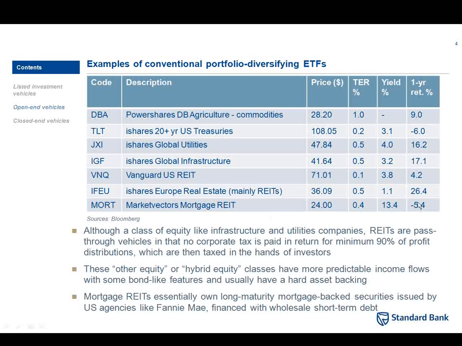You can see because it's so interest rate sensitive and linked to bonds, it's actually shown a -5% for the year to date, but you can see the yield, using that gearing and using the steep yield curve, giving you a very high yield of 13.4% in dollars.